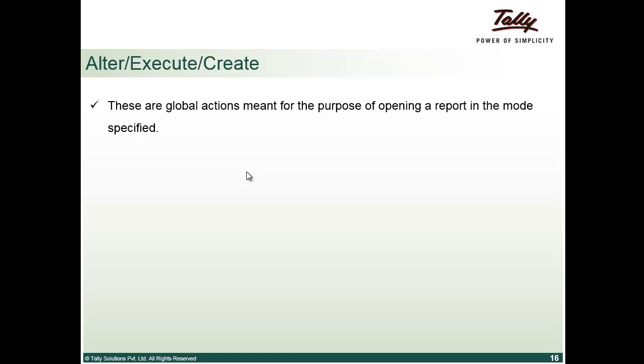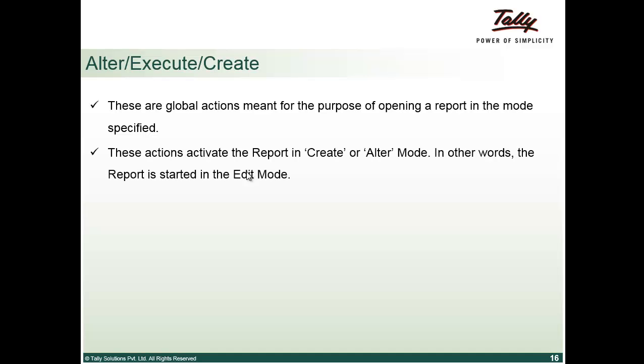Next we'll be going through the global actions: alter, execute and create. These are the global actions meant for the purpose of opening a report in the mode specified: alter mode, execute mode and create mode. These actions activate the report in create or alter mode. That is, all three actions will open the report in edit mode.